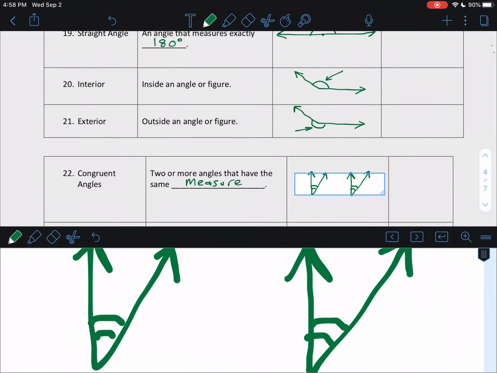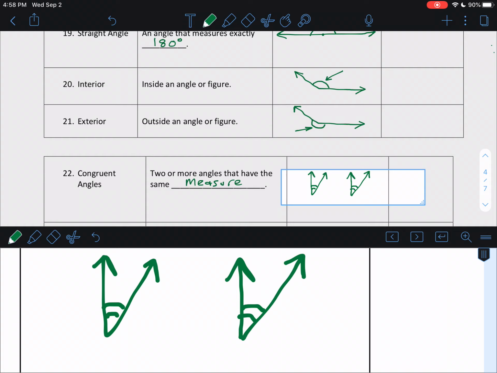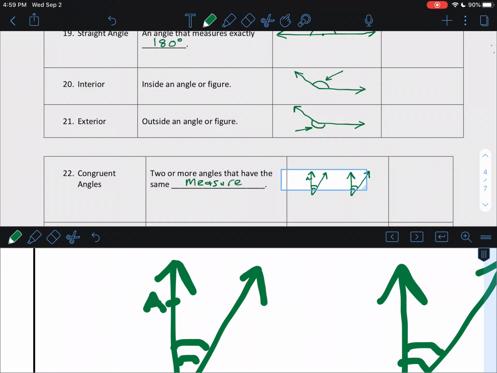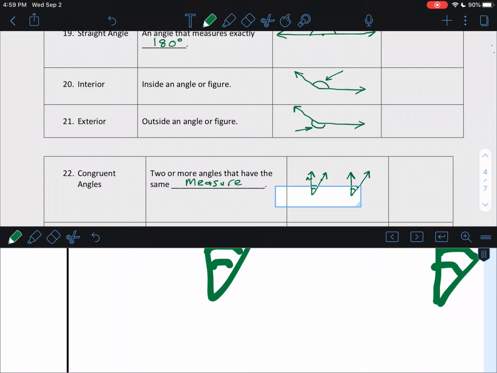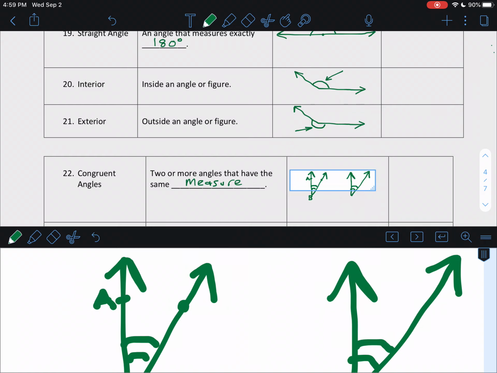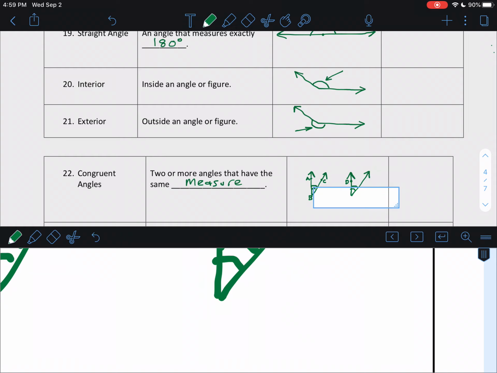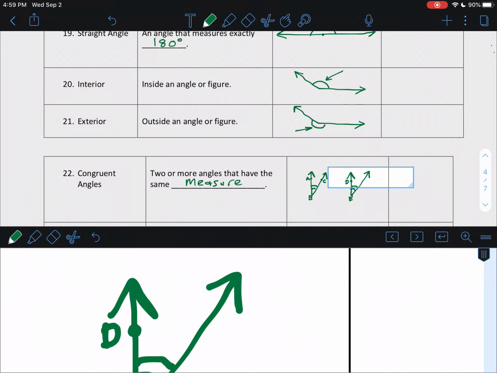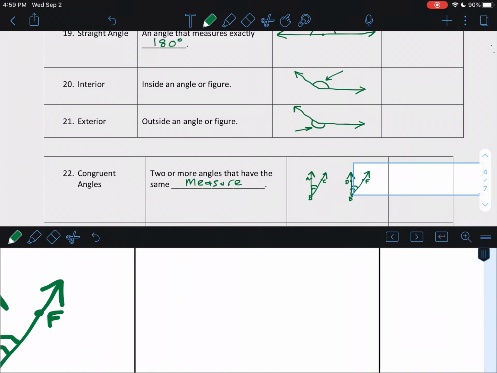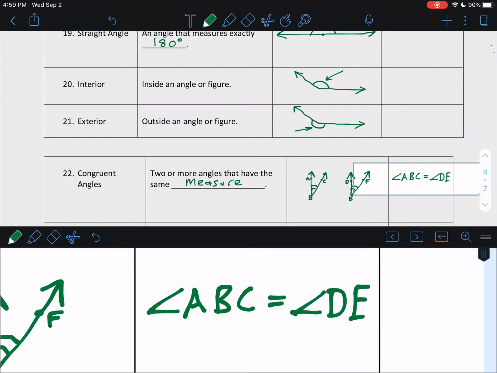Congruent angles, I will name these. Let's see. This is A, B, C, and this one is D, E, F. So I'm going to say angle ABC equals angle DEF.